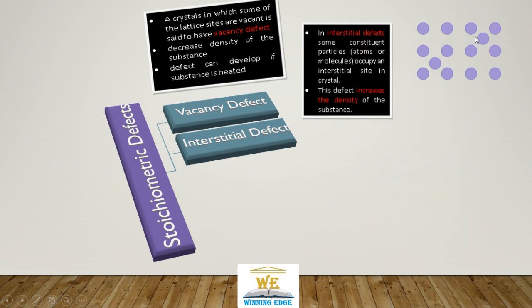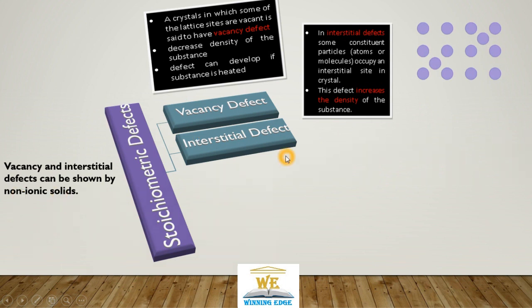This is a regular arrangement, but some constituent particles occupy these interstitial spaces. This defect increases the density of the solid substance. The vacancy and interstitial defects we discussed so far are shown by non-ionic solids. So these defects are all about non-ionic solids.